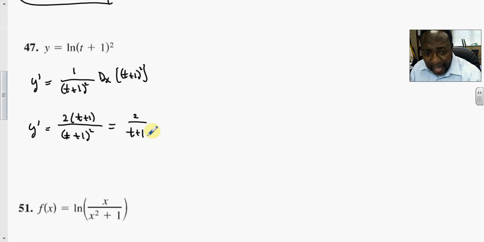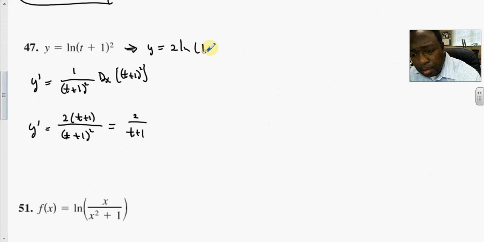Now, if you don't like that, if you use the expansion from algebra, you can write this as y is equal to 2 times the natural log of t plus 1. Now take its derivative.